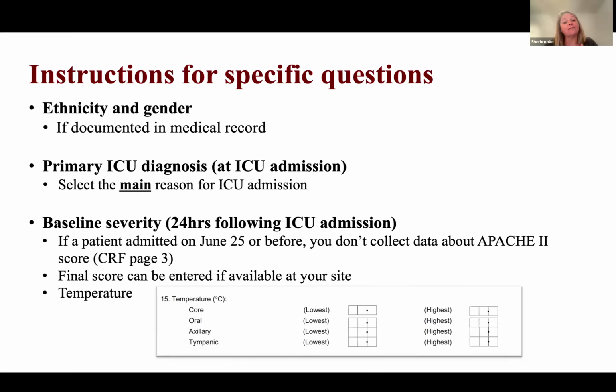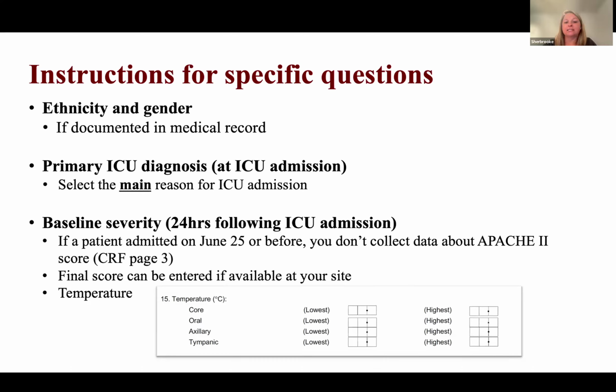to enter, if you have two core temperatures, that's fine, you enter the lowest and the highest. If you have also one oral temperature, you enter in the lowest and highest field the same value. We don't want you to calculate or assume which one is the lowest between different temperatures. So again, I repeat it.